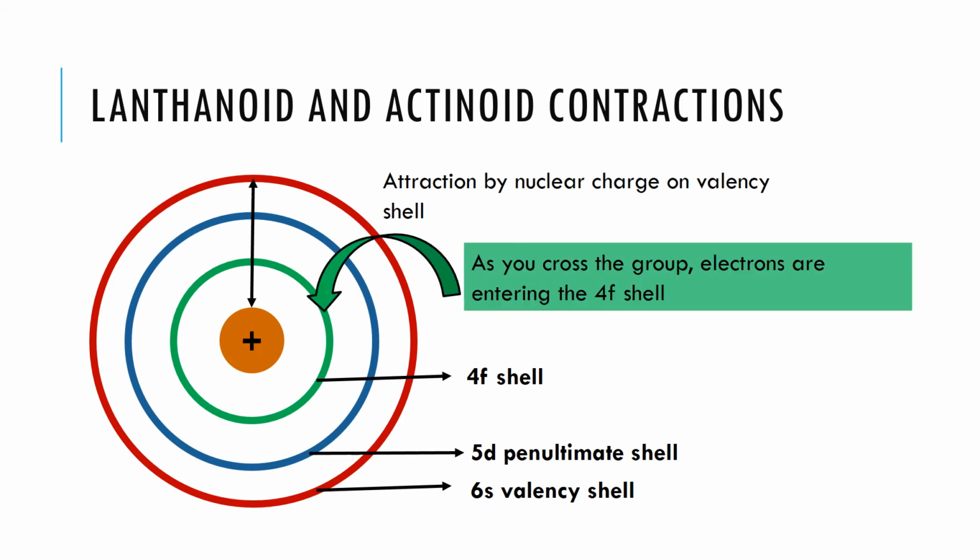As we go from left to right across the lanthanoids, the only thing that's happening for these lanthanoid 3+ ions is that electrons are entering the 4f subshell.